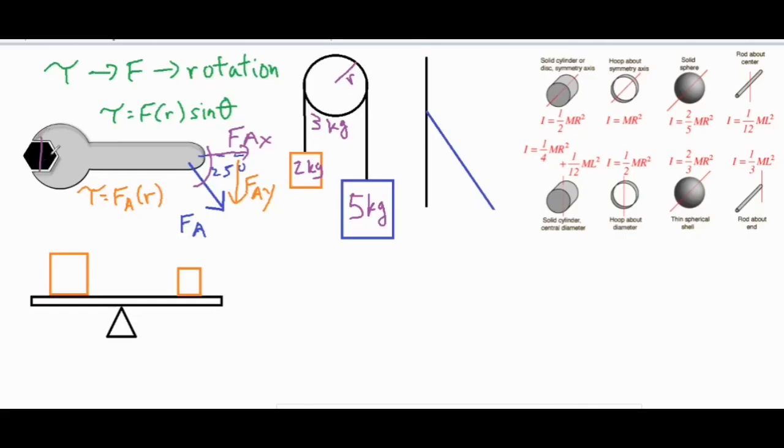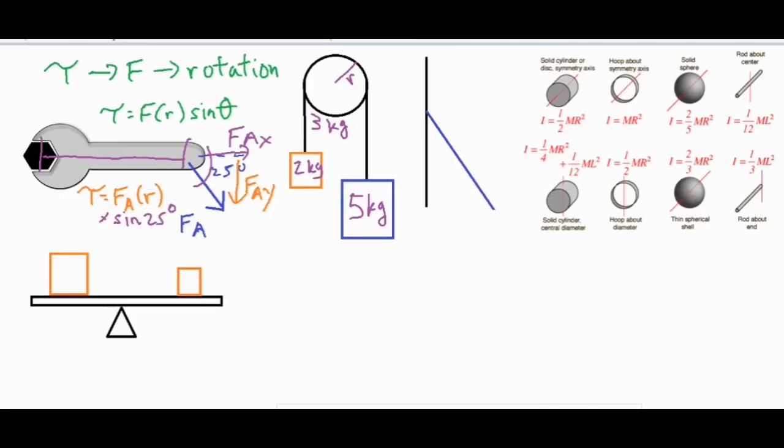The lever arm is the distance from the axis of rotation, which would be from here to about here, whatever that distance may be, and then times the sine of theta, which is basically going to give you this orange portion over here once you multiply it by the sine of that 25 degrees.